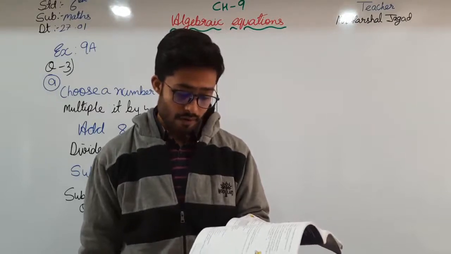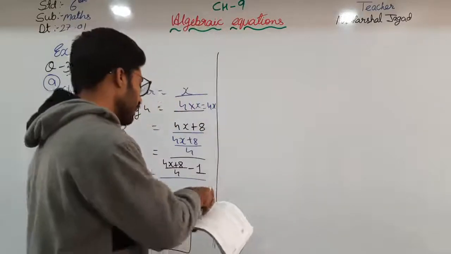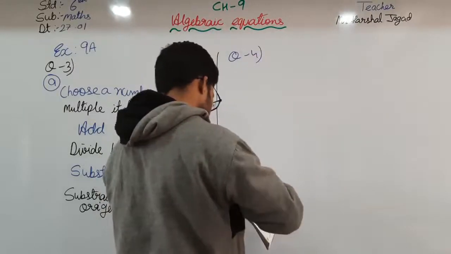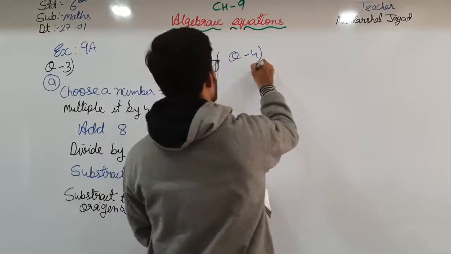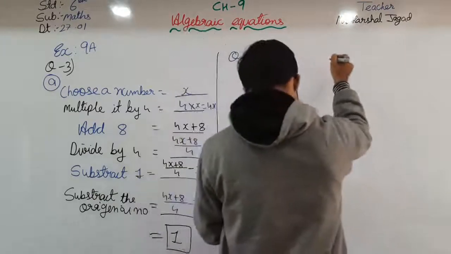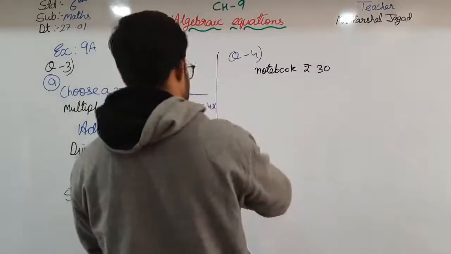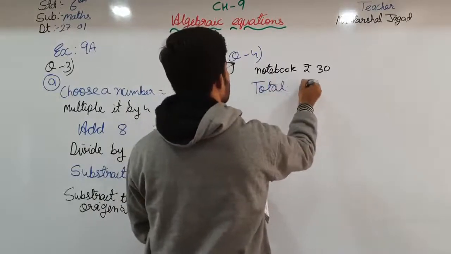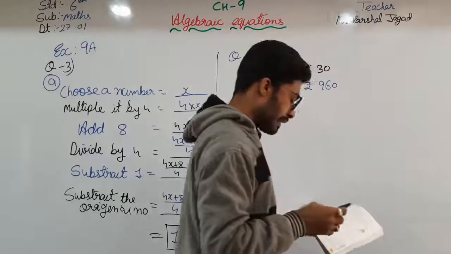Let the number of notebooks be n. Here, question number 4. One notebook costs 30 rupees and the total is 960 rupees.